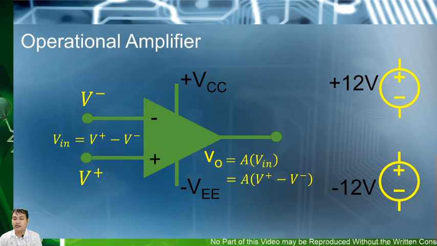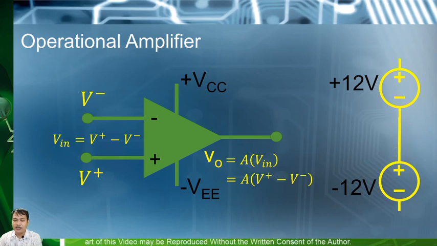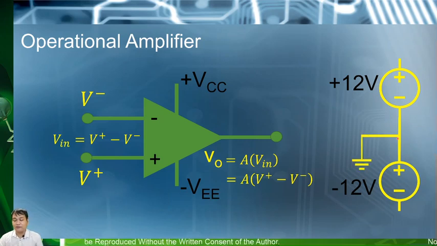Now, let us connect the negative terminal of one power supply to the positive terminal of another power supply. And let's connect this to the ground.